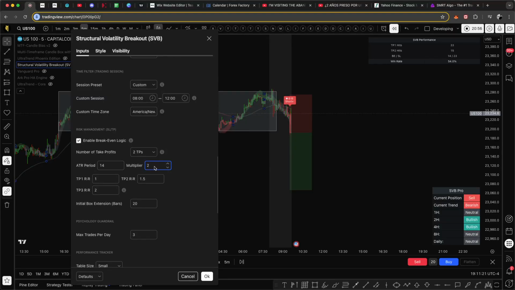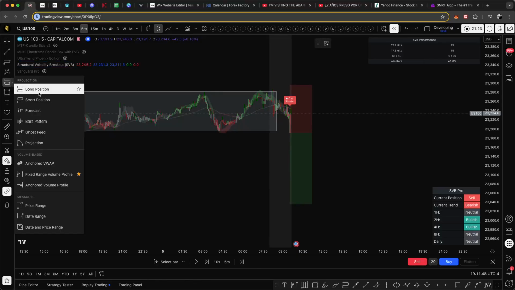Let's see if we would have moved it to 2.5. You see, it's a little further away, right? However, I want you to understand this. Because I'm moving the stop loss higher doesn't mean I'm going to be risking more. You use the same lot size. Let me correct what I just said. If you enter right here with a 2.5 multiplier, the stop loss, let me make this clear here.